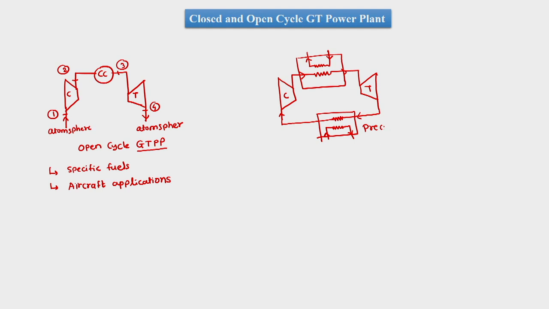This is called the pre-cooler, and this is state 1, this is state 2, this is state 3. So 2 to 3 is the heat exchanger or heater, and 3 to 4 is the turbine, and 4 to 1 is the pre-cooler, and 1 to 2 is the compressor.